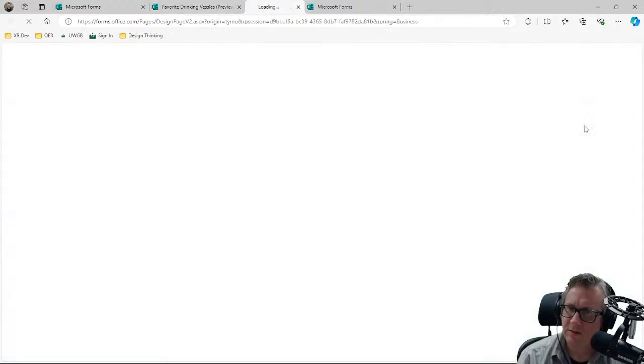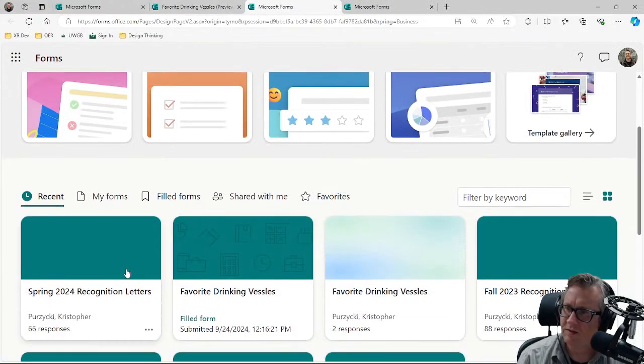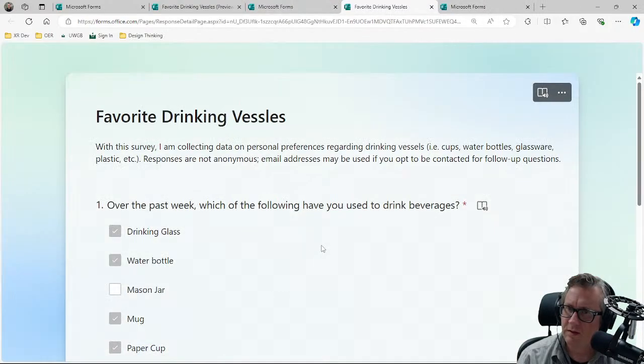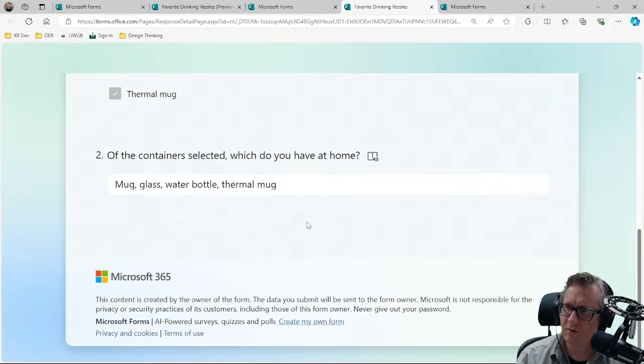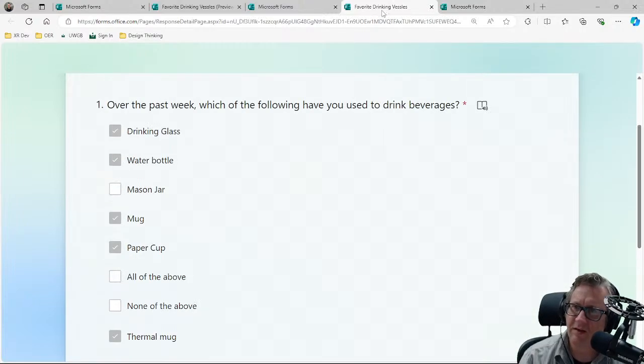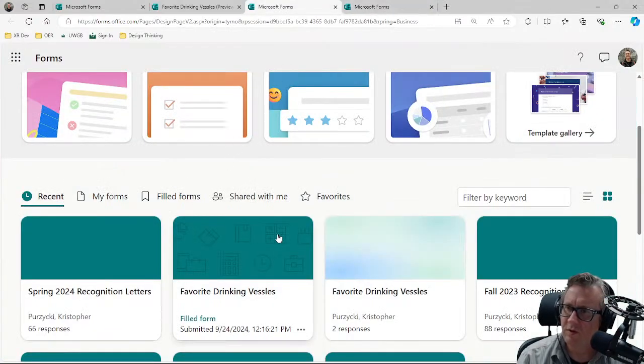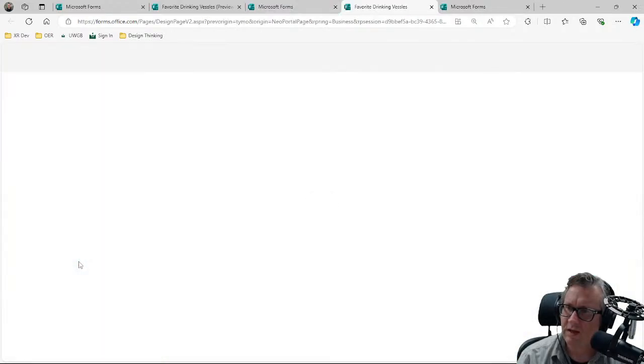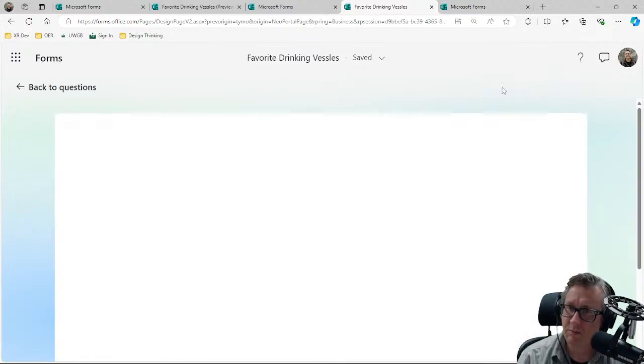Okay, so I'm going to go to Microsoft Forms. Let's see, favorite drinking vessels. Okay, this is the form. And that's the response that I gave. Now, my forms, favorite drinking vessels, now I'm going to collect responses.